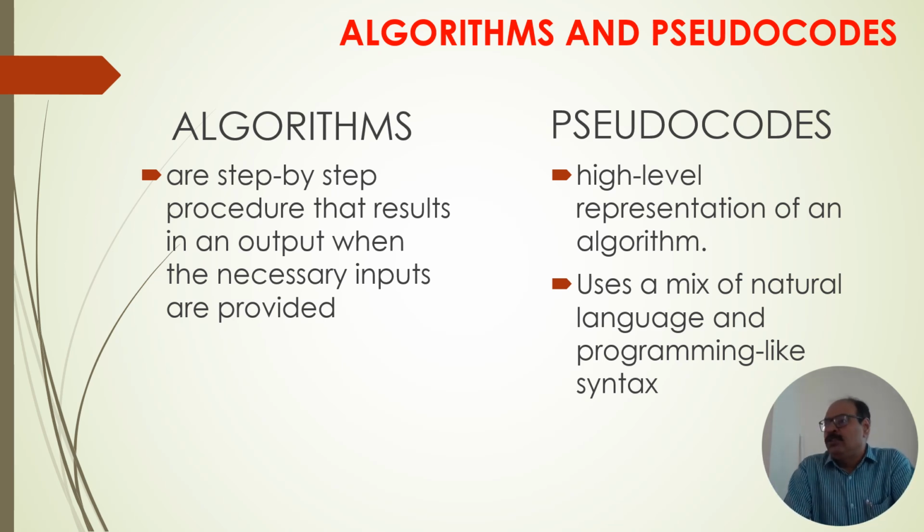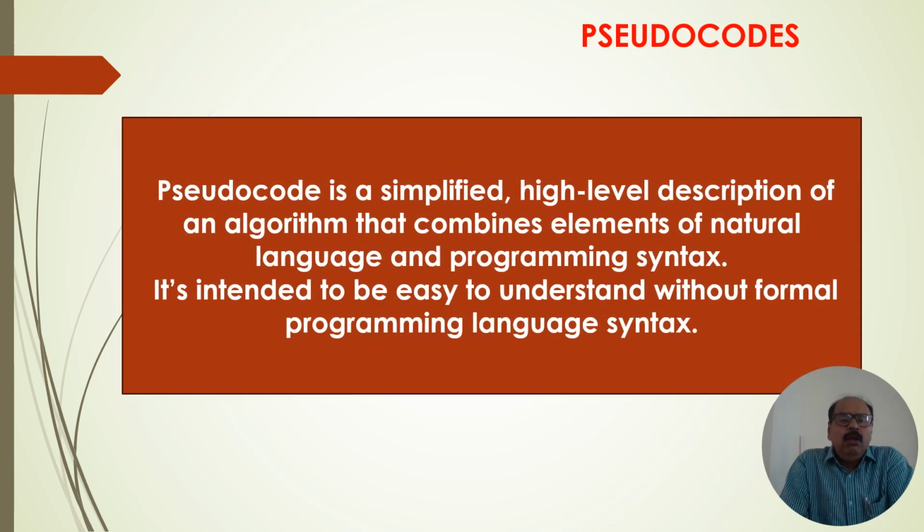So we have understood why we want a pseudocode, right? We'll define what a pseudocode is technically. Pseudocode is a simplified high-level description of an algorithm that combines the elements of natural language and programming syntax. As such, in an algorithm, we do not use any kind of programming syntax.